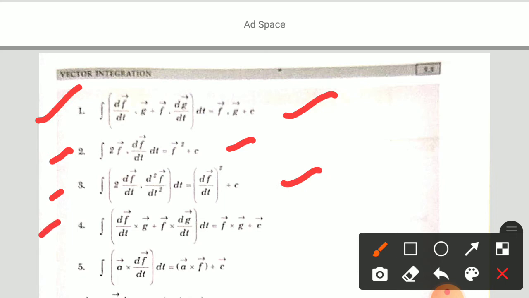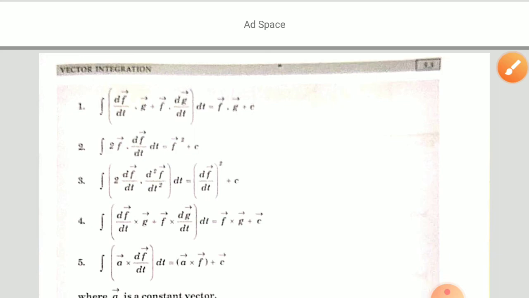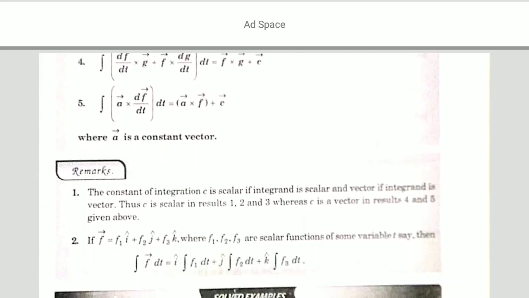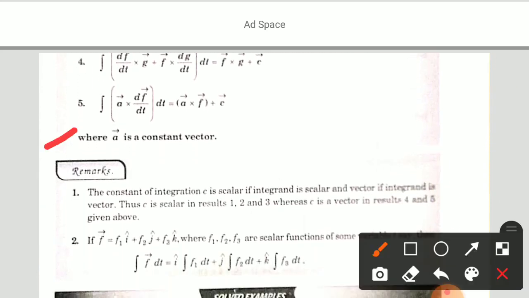Number fourth, integration of (df by dt cross g plus f cross dg by dt) dt is equal to f cross g plus c vector. Number fifth, integration of a cross df by dt, dt is equal to a cross f plus c, where a is a constant vector.